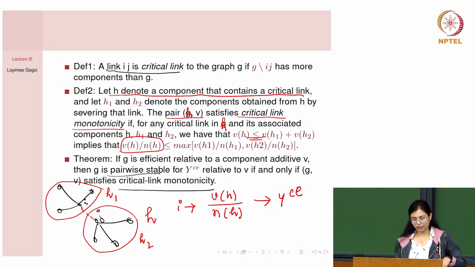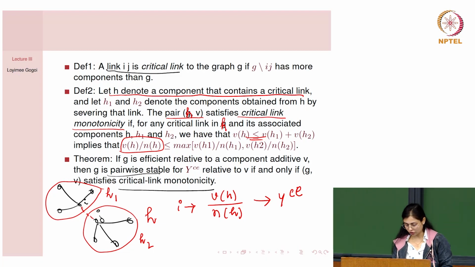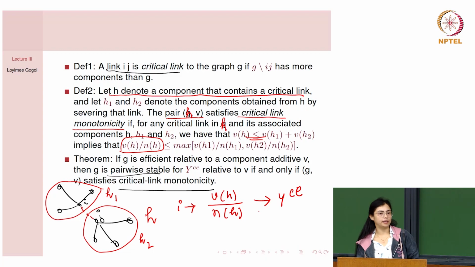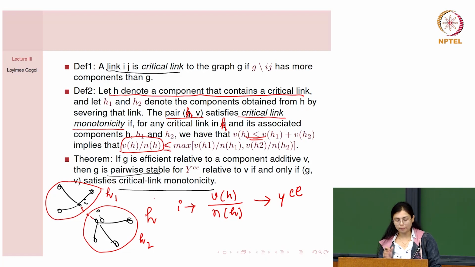So in that component H, the allocation rule is v of H divided by the total number of players in that component H, which should be less than or equal to the maximum of the allocation rules for a player in H1 and H2.